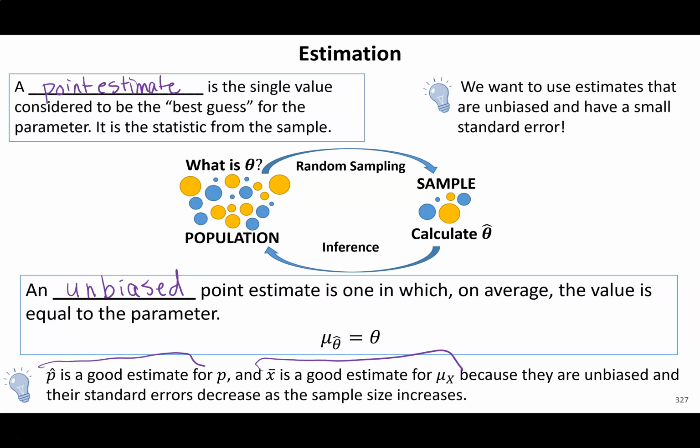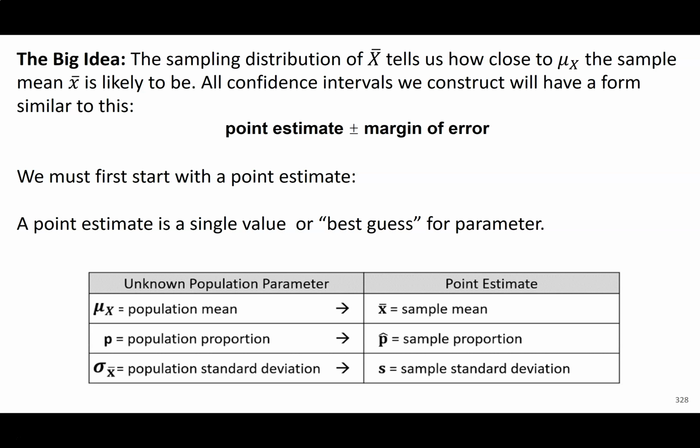So we really like those particular estimators. The big idea here, the sampling distribution gives us an idea of how much x bar fluctuates from sample to sample, and it can tell us how close to mu we think it's likely to be.